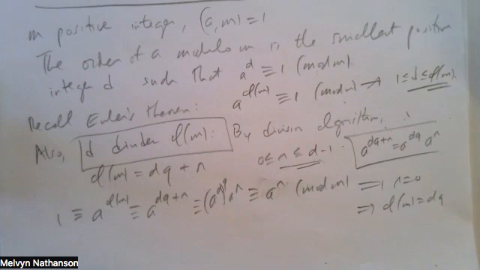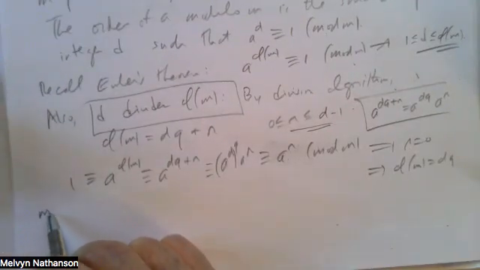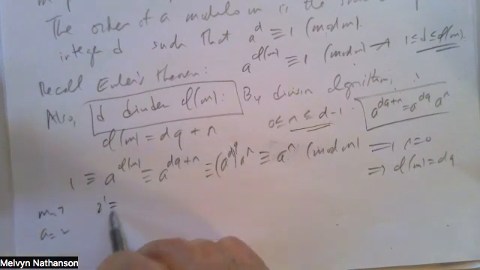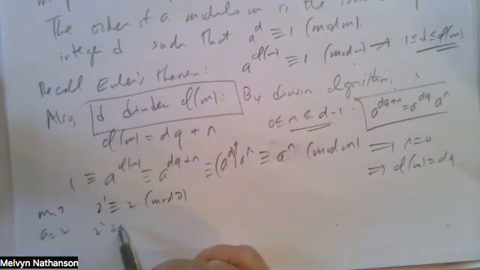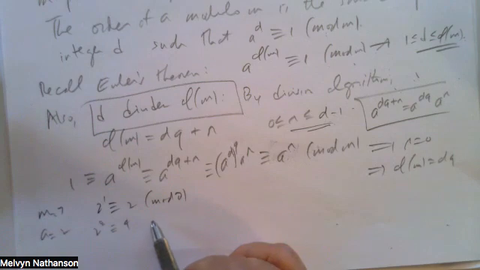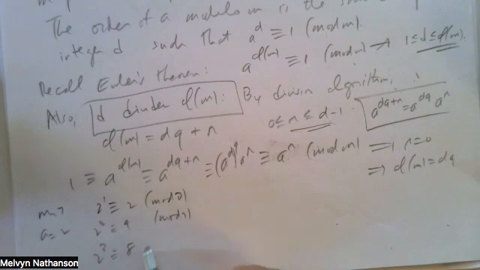And it's interesting to compute the least non-negative residues of the powers of a number mod m, and look for the first time you get 1. So suppose we take m to be 7 and a to be 2. 2 to the first power is congruent to 2 mod 7. 2 squared is congruent to 4 mod 7. 2 cubed is 8, but 8 is congruent to 1 mod 7.